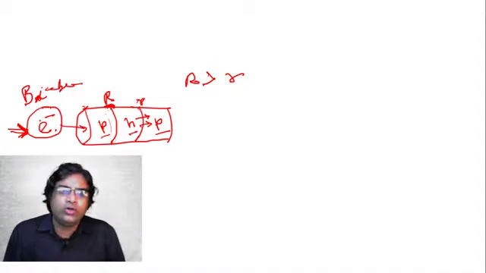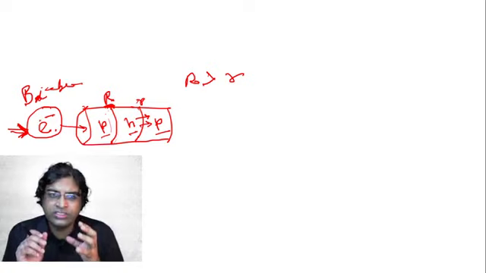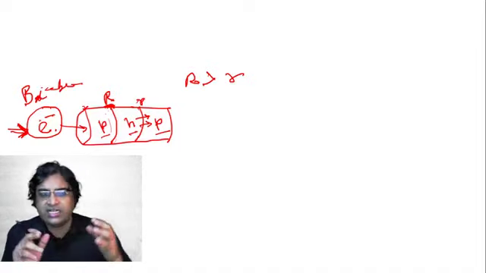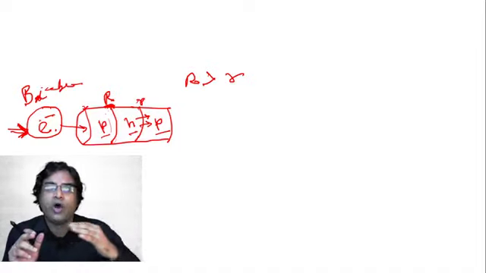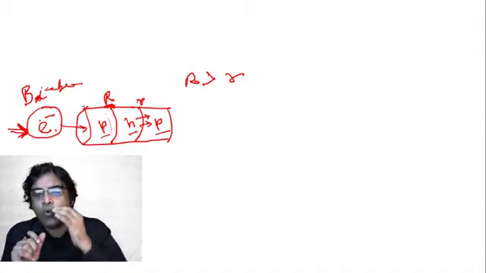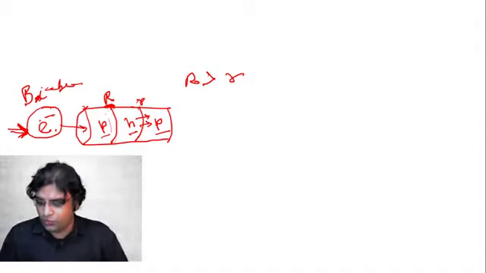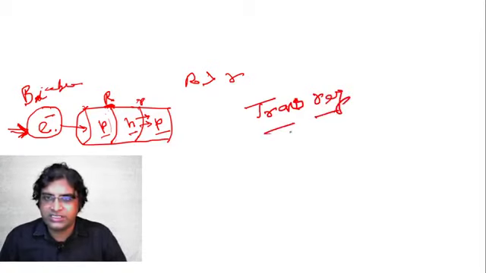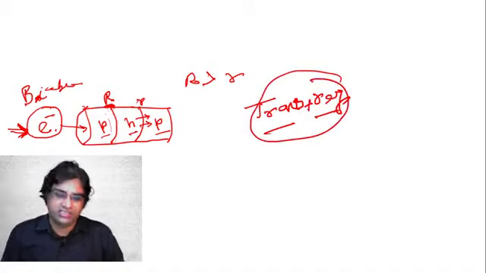So this is called the PNP and NPN concept of the transistors, and we can understand how the biasing happens, and why it is called transfer resistor, transistors.